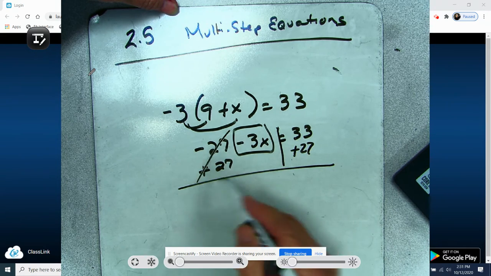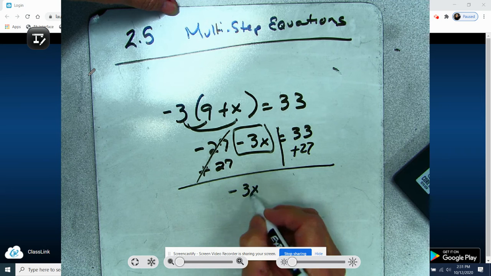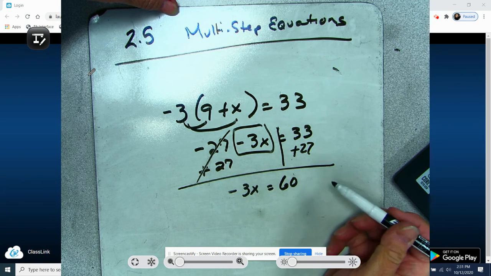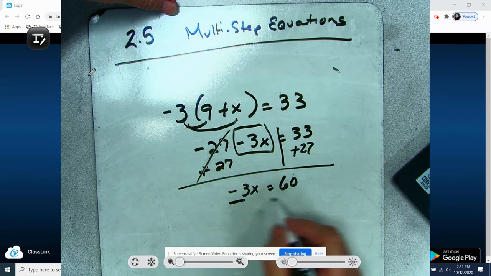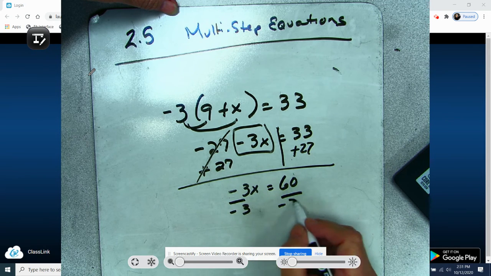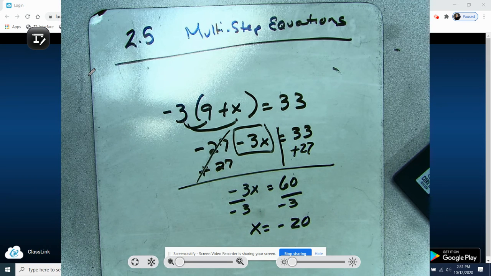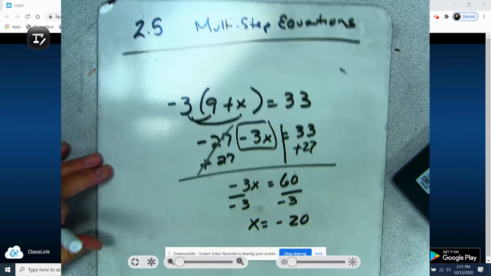You're going to cancel this out, and negative 3x is going to equal 60. You're going to divide by the number in front of the letter, and x is going to equal negative 20. Now, the only number on the planet that you can put into this equation to make it work is negative 20. So that's the answer. X equals negative 20.